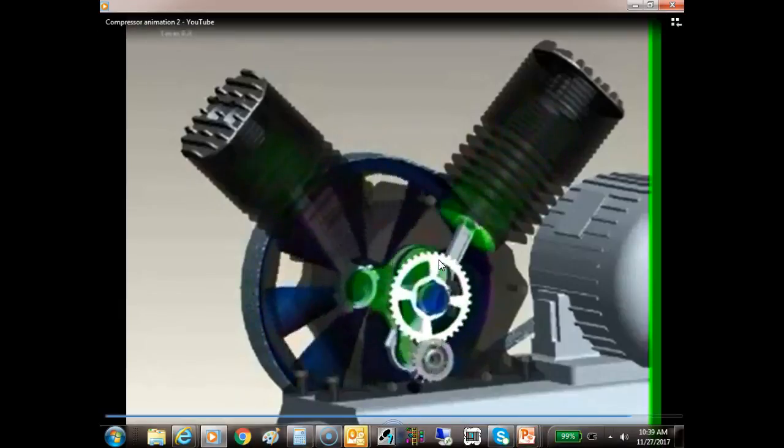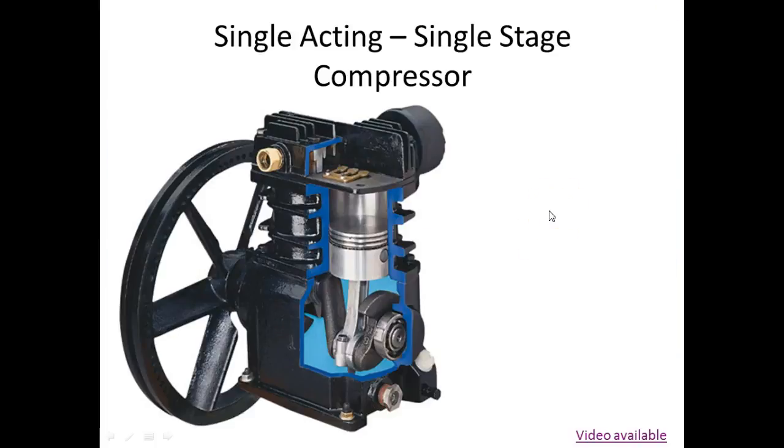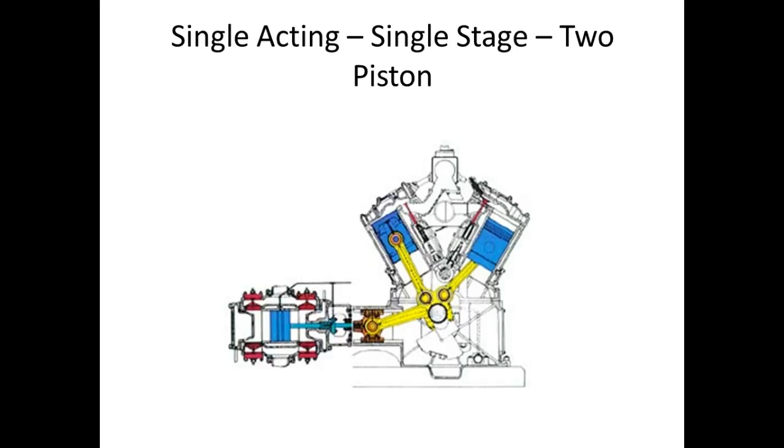So this would be single acting. What single acting means is we only use one side of the cylinder to compress, one side of the piston. Double acting means we compress on both sides. Everybody understand that? So my compressor at home is a single acting, single stage compressor.